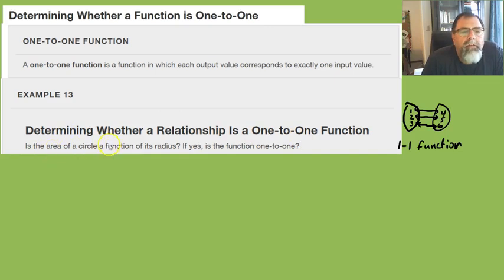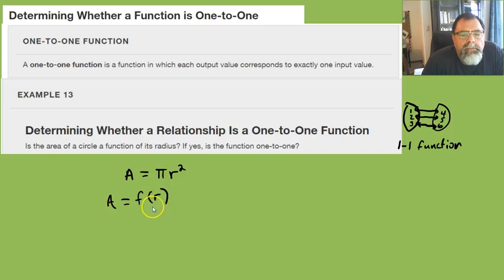Okay? So determine whether the relationship is a one-to-one function. Is the area of a circle a function of its radius? If yes, is the function a one-to-one function? So first we have to check, is it a function? If you recall, the area of a circle is pi r squared. So is area a function of radius?